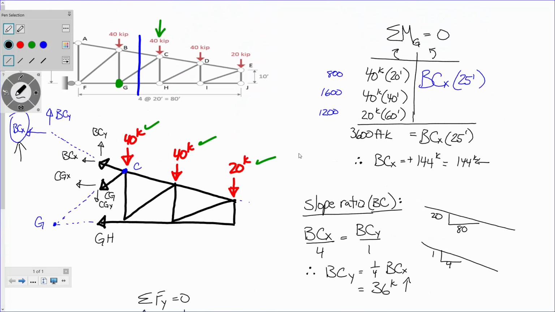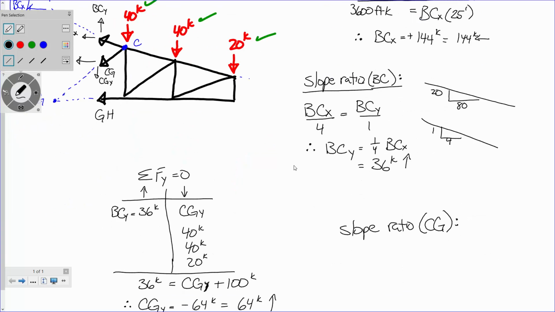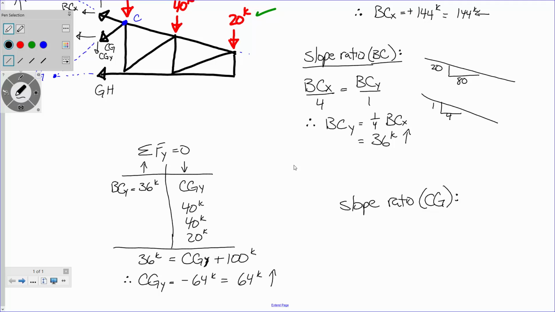So if I look at member CG, that change in horizontal distance is 20. What about the change in vertical distance? 20, right? So it's a 1-to-1, right? So if I draw that member out, that would be 1, 1. Y'all remember what the hypotenuse is? Square root of 2, right?